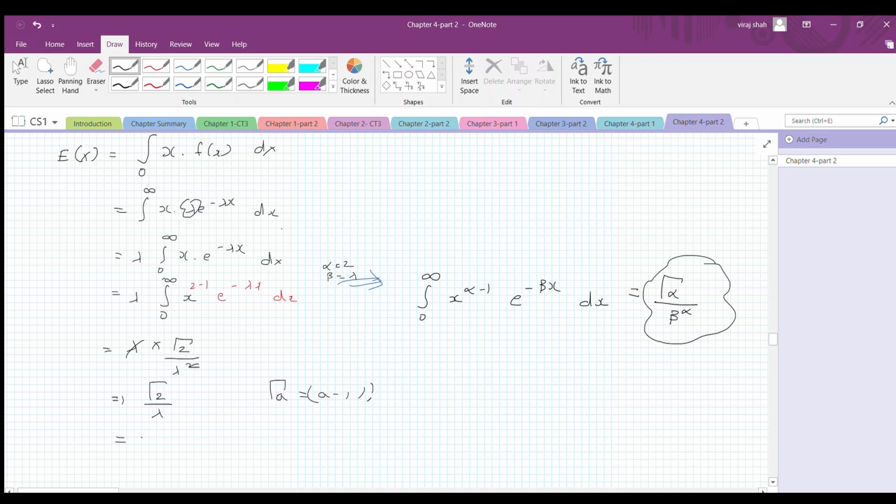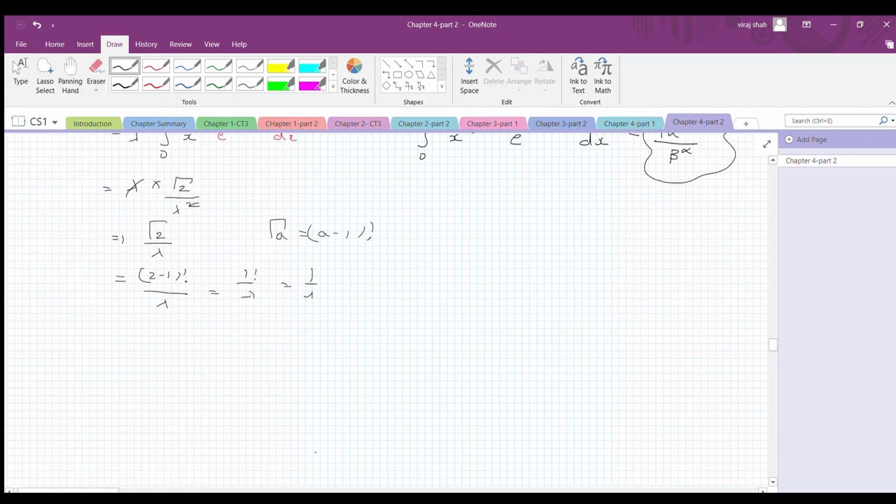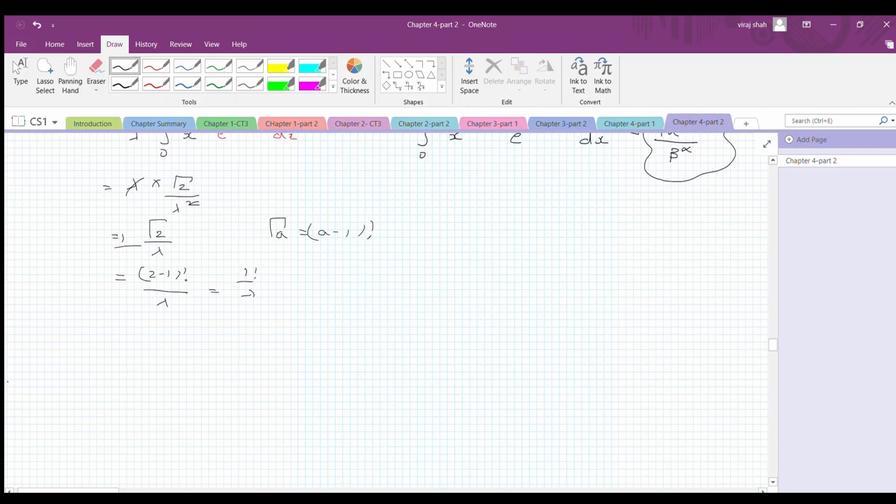So here it would be 2 minus 1 factorial, right? Which is nothing but 1 factorial upon lambda. What is 1 factorial? 1 only. So it would be 1 by lambda. So basically, I can say that my expectation of x is nothing but 1 by lambda.